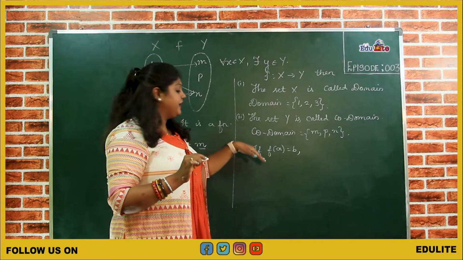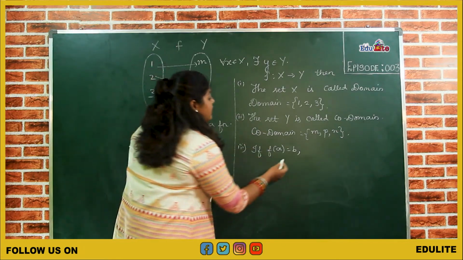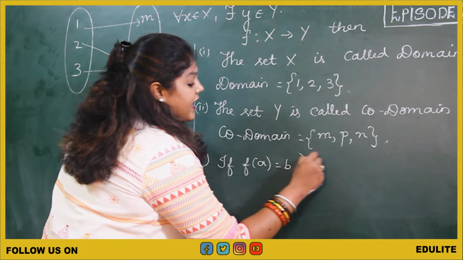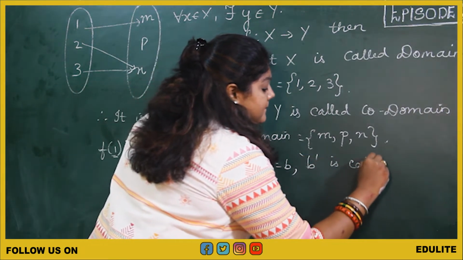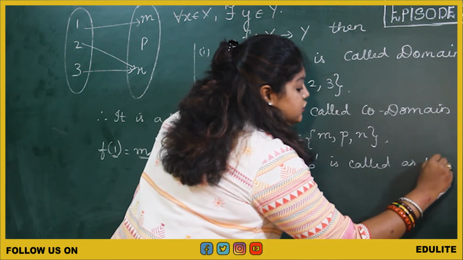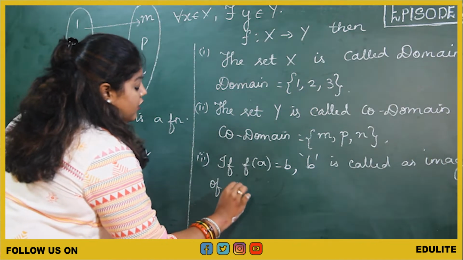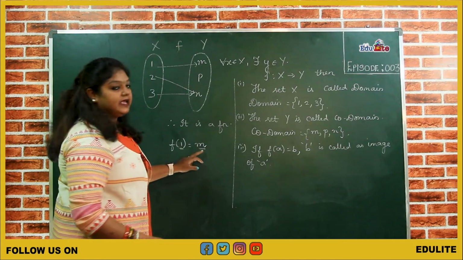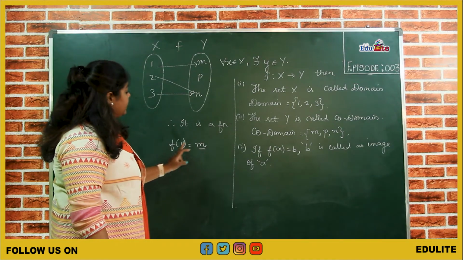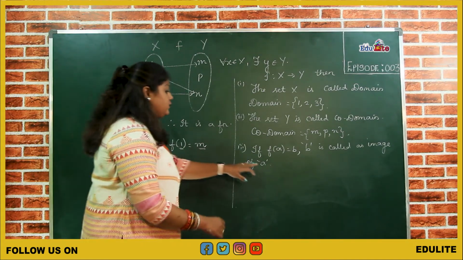So, in general, if f of a is equal to b, then b is called the image of a. What does it mean? M is called the image of 1. So, this is one point.